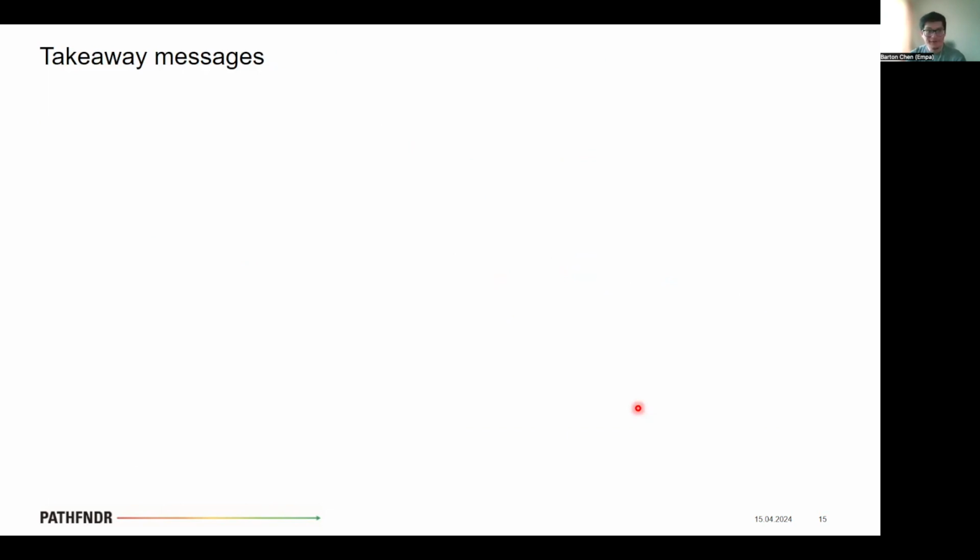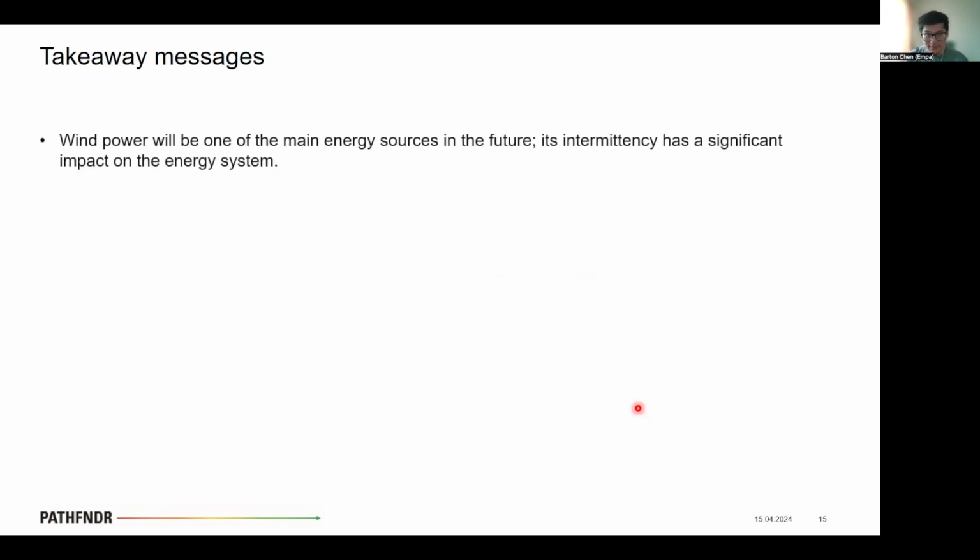So now I'd like to go to my summary slide. First, you can see wind power will probably be one of the main energy sources in the future, especially in Europe. However, the intermittency could have a very significant impact on the energy system.